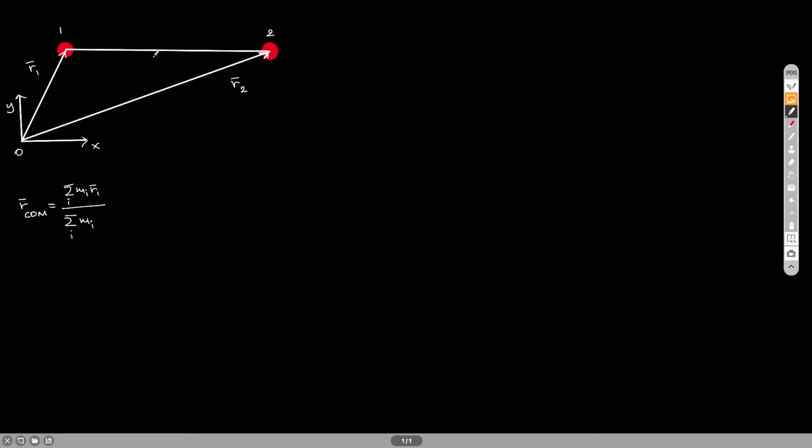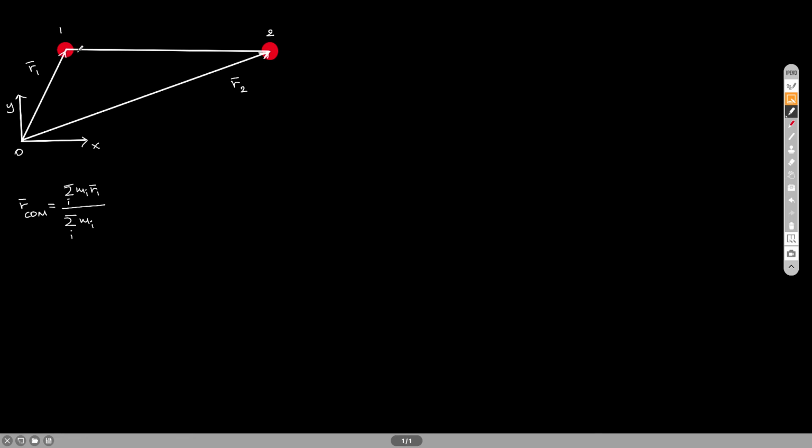Now, I want to remind you, if I want to calculate the force, let's say that objects 1 and 2 are gravitational masses. So you can think of the Earth and the Moon, the Earth and the Sun, and so on.